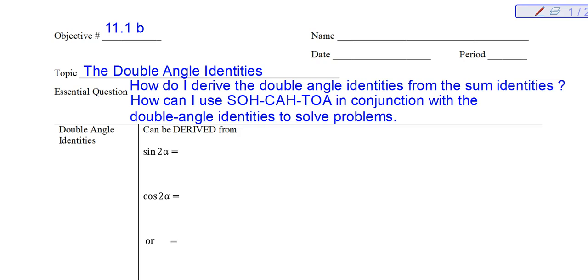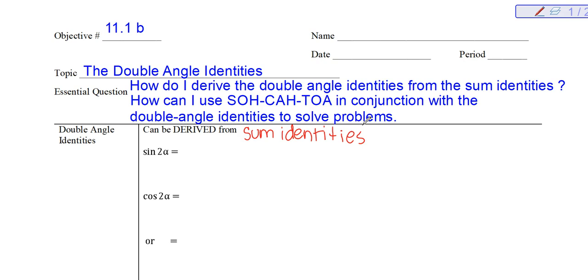All right, so we're going to start with a statement that the double angle identities can be derived from the sum identities. And that just means I'm going to take the formulas for the sum identities and transform them into double angle identities. So multiple angles again in this situation.